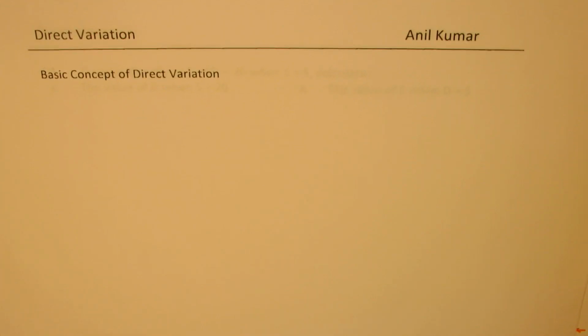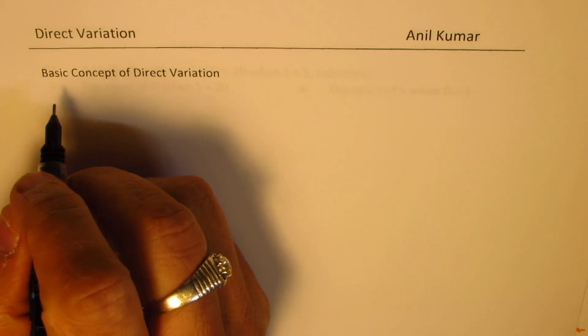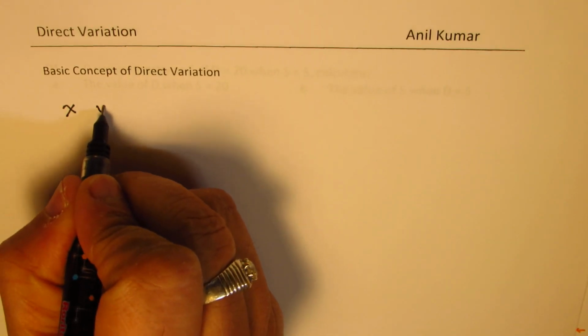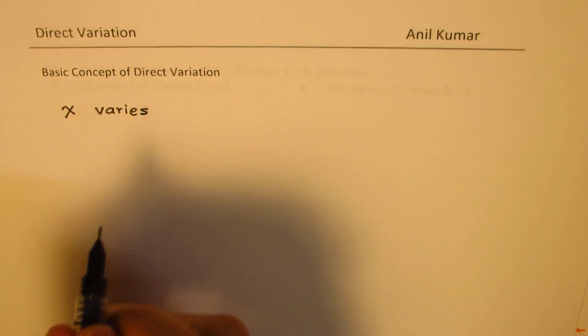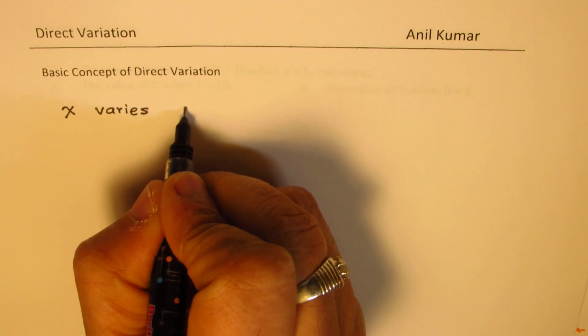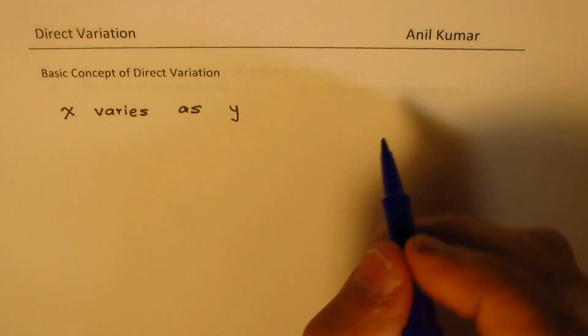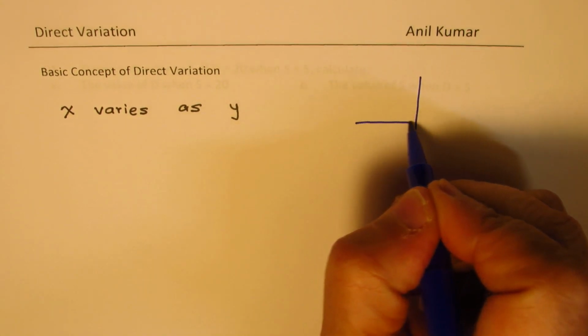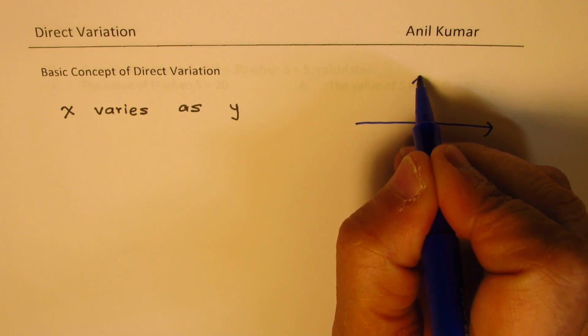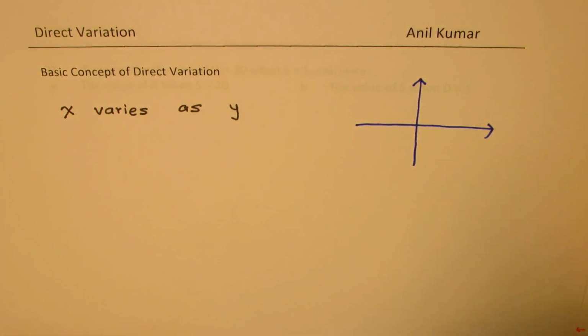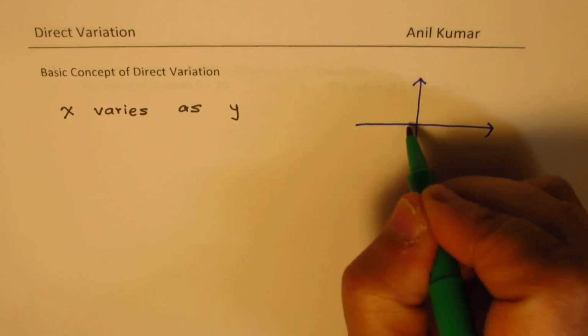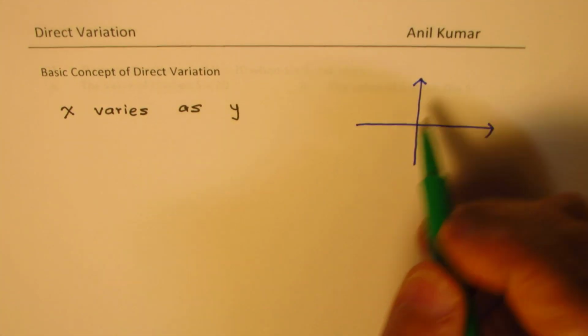We'll first talk about some basic concepts about direct variation and then solve those questions. Sometimes we say that X varies as Y. What does this mean? We are saying that in a coordinate plane, whenever we want to draw a graph, as the value of X changes, if it increases, Y increases. If X decreases, Y decreases.